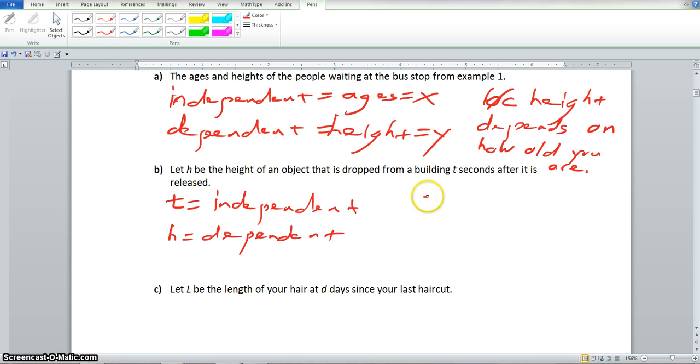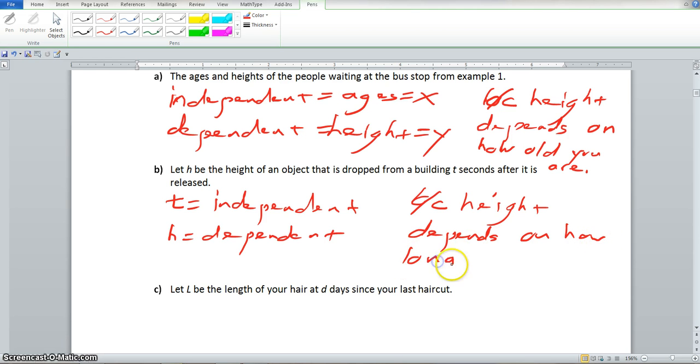And that is because the height depends on how long the object has been dropping.